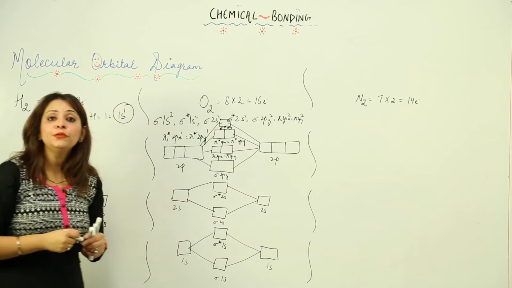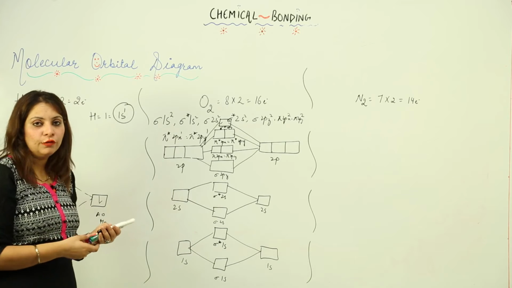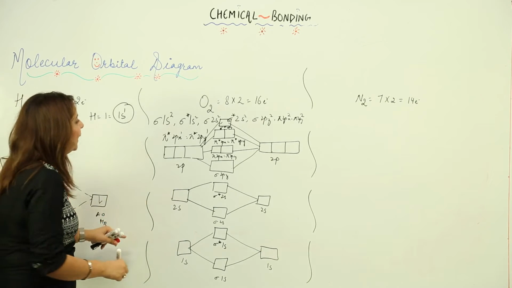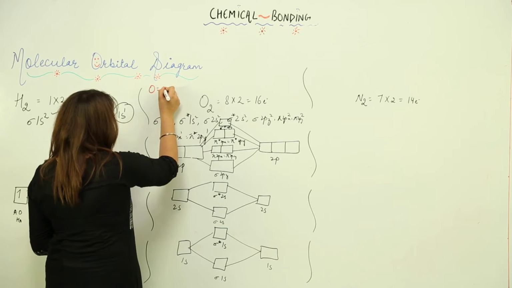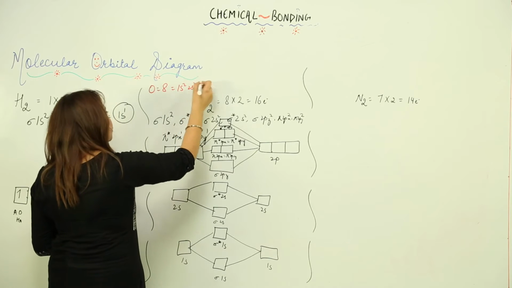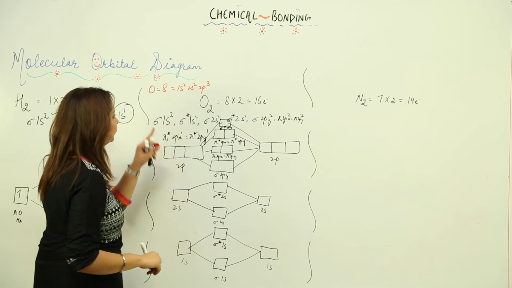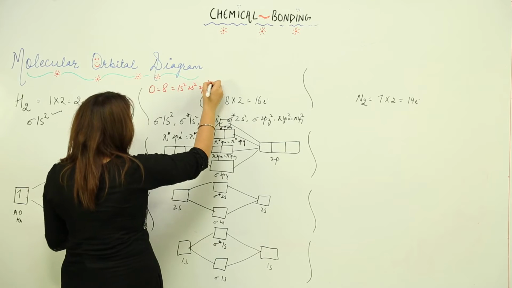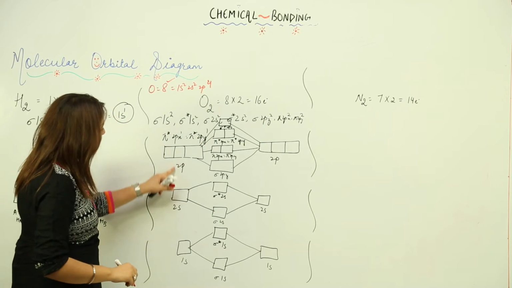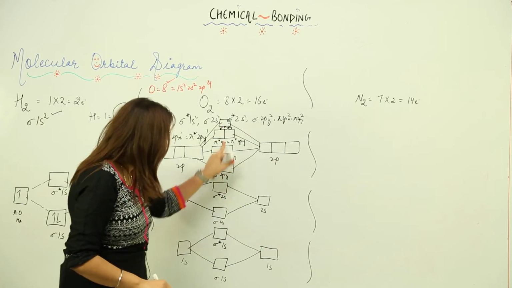Right. Now start filling the electrons. As I told you, we fill electrons according to the same rules, so we need to follow that. First we will write the atomic orbital configuration. So it is 8: 1s2, 2s2, 2p4. Now these are indicating my atomic orbitals, right, and this is my molecular orbital.